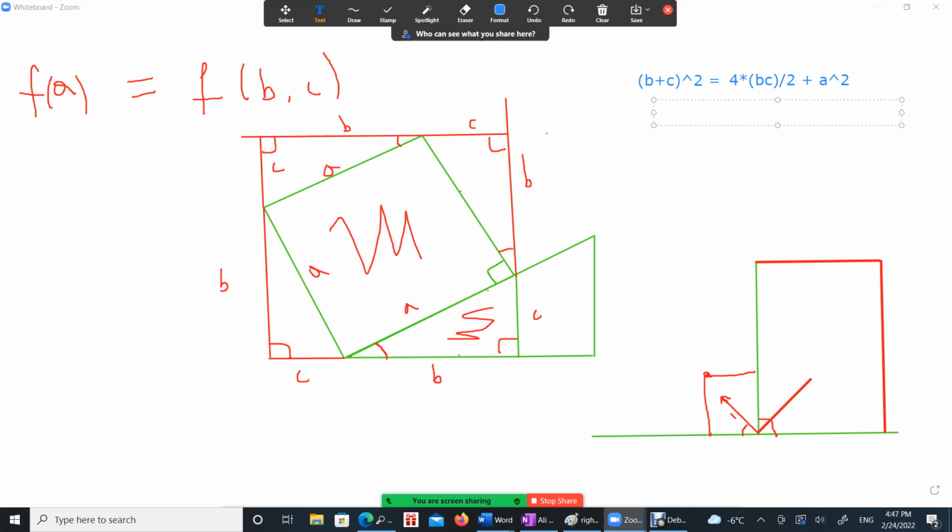The deviance has its proportion impact upon the length sides. So let's try to do the algebraic simplification here.